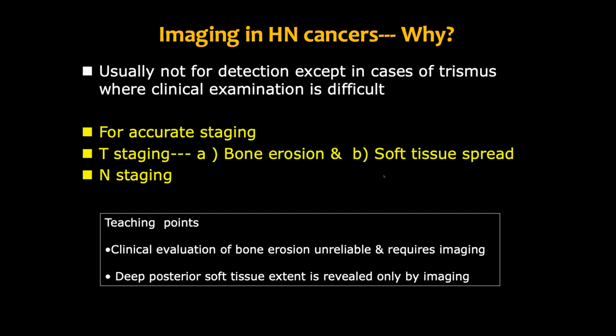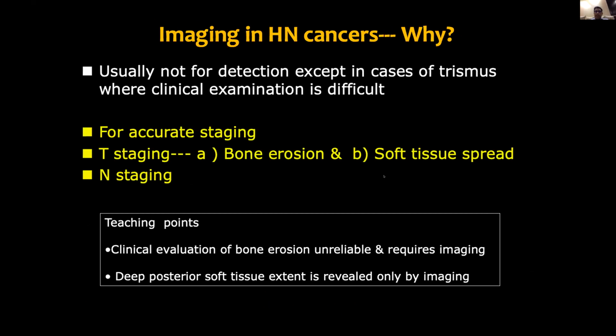So in head and neck, why do we do imaging? For head and neck cancers, we predominantly do not do imaging to diagnose. Diagnosis is only required if the patient has trismus, limited mouth opening, and the clinician cannot evaluate the oral cavity. If the oral cavity is adequately visible, the imaging is not done to diagnose, but it is done for accurate staging.